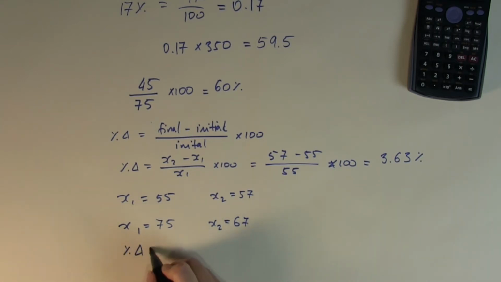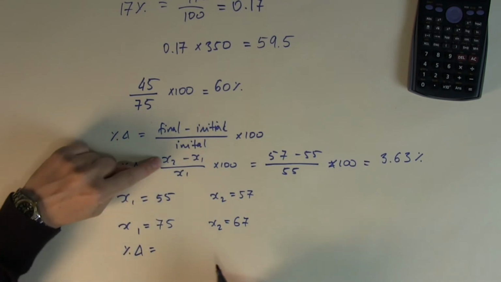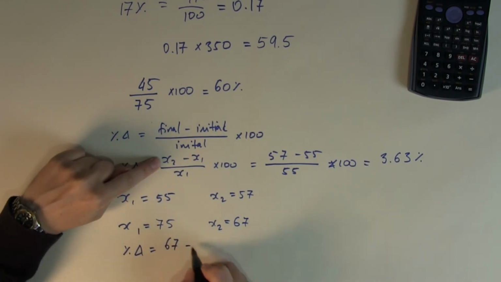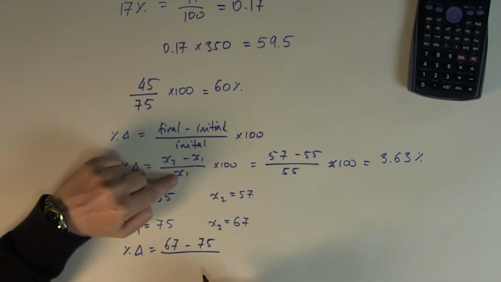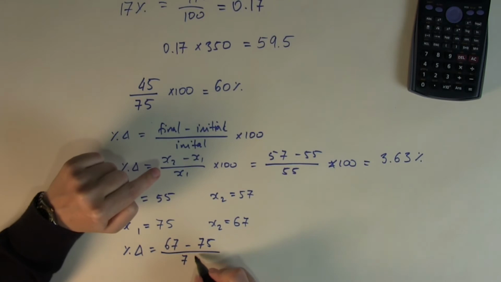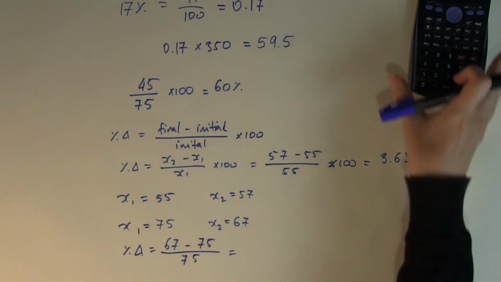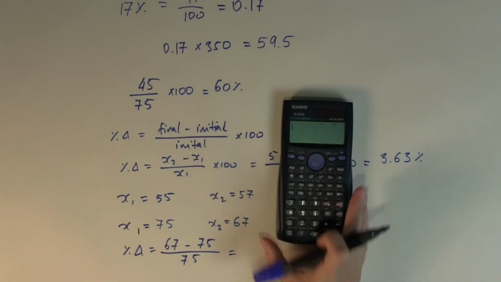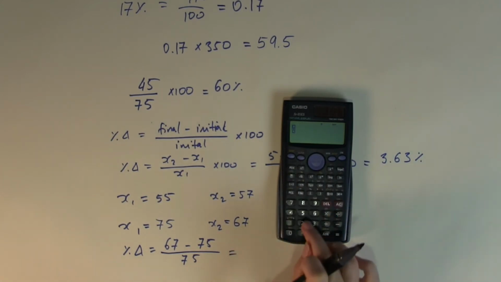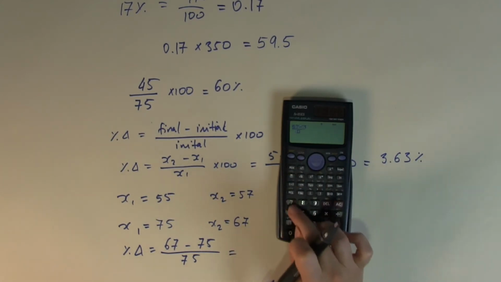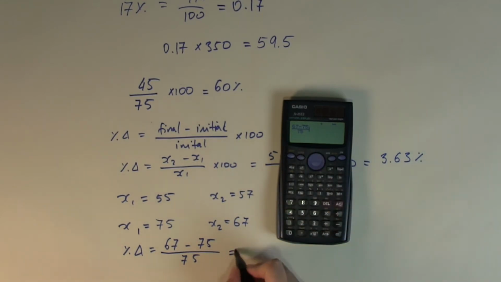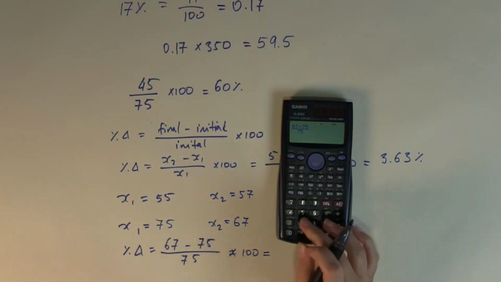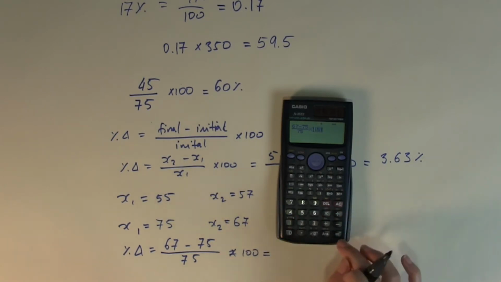So the percentage change then will be final amount, which is 67, minus the initial amount, which is 75, divided by the initial amount, which is the 75. So calculator again, fraction 67 minus 75 over 75 times the 100 again, to get the percentage straight away.